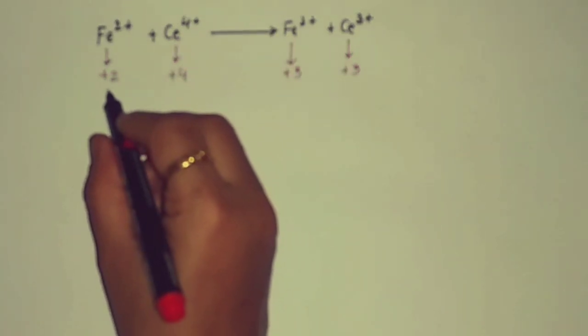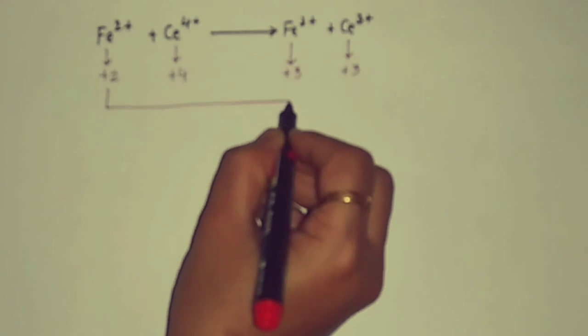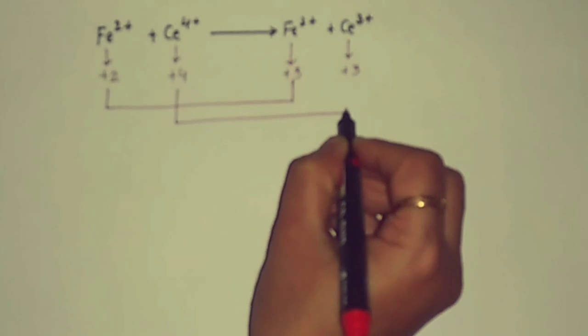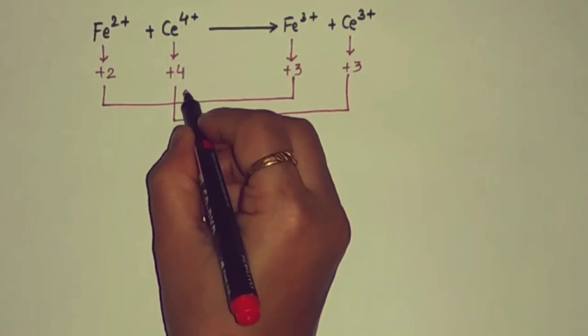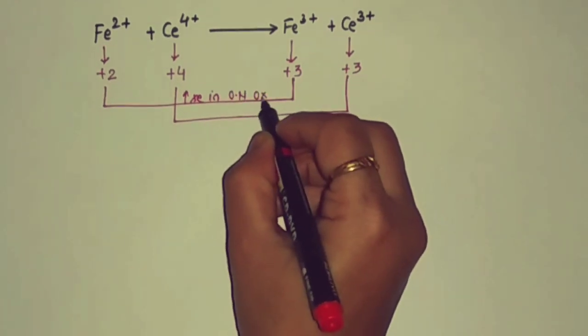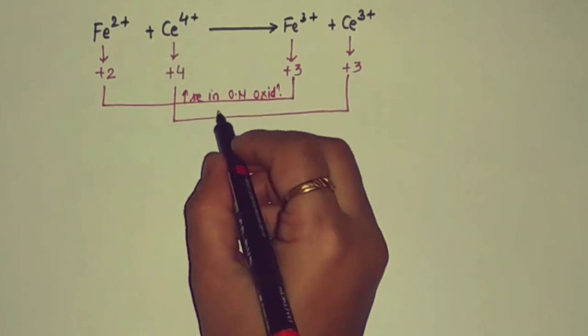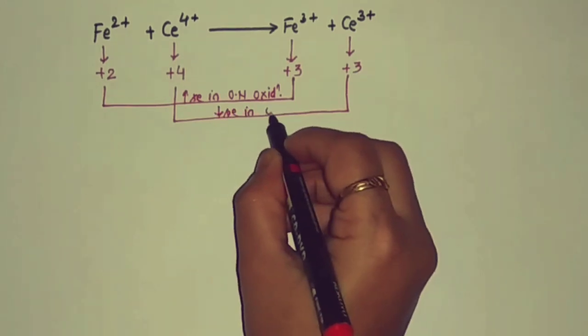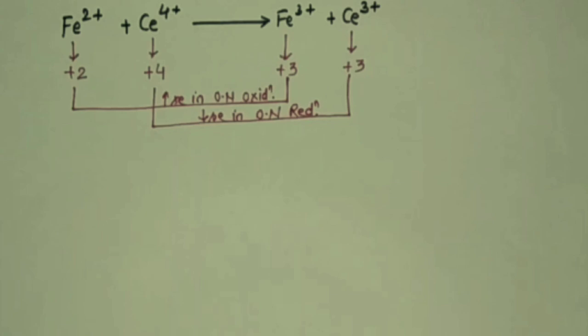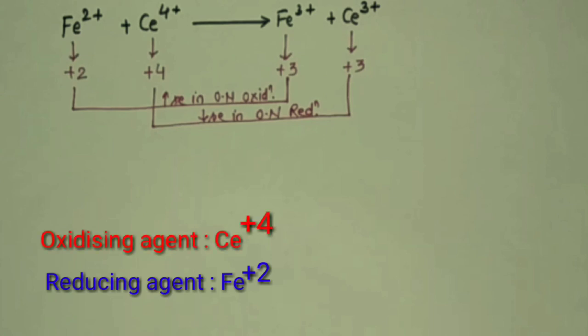Here, the oxidation number of Fe increases from plus 2 to plus 3 and that of Ce decreases from plus 4 to plus 3. Therefore, we can say that an increase in oxidation number is oxidation and a decrease in oxidation number is reduction. Here, Fe undergoes oxidation, therefore it is the reducing agent, and Ce undergoes reduction, therefore it is the oxidizing agent.